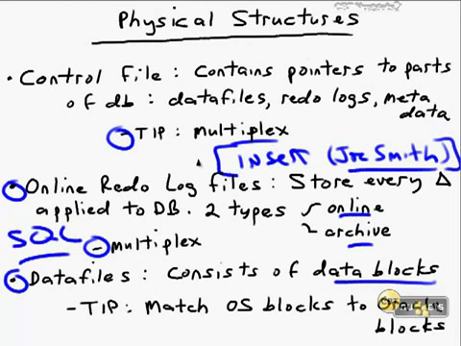It's simply to avoid the problem if one of your control files gets hosed up, you'll be able to fail over to a multiplexed copy that contains all of the same pointers to the parts of the database and be able to raise the database as normal. Same thing with online redo log files. If you're not maintaining redundant copies of those redo files and you lose one, then there goes your capability of being able to roll forward or play back transactions that were stored on that file.